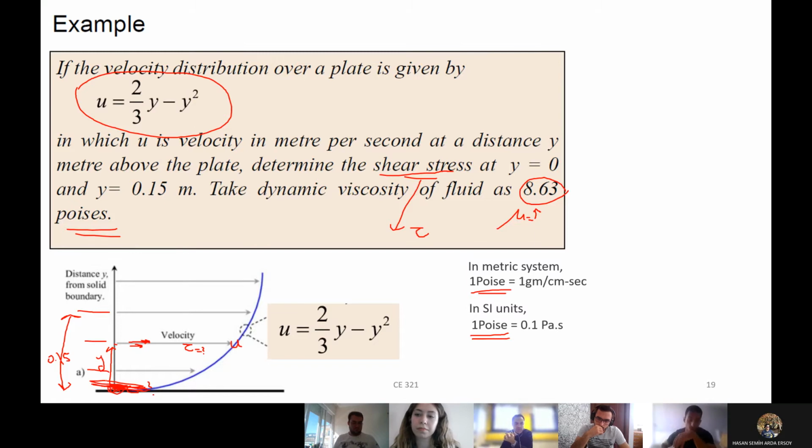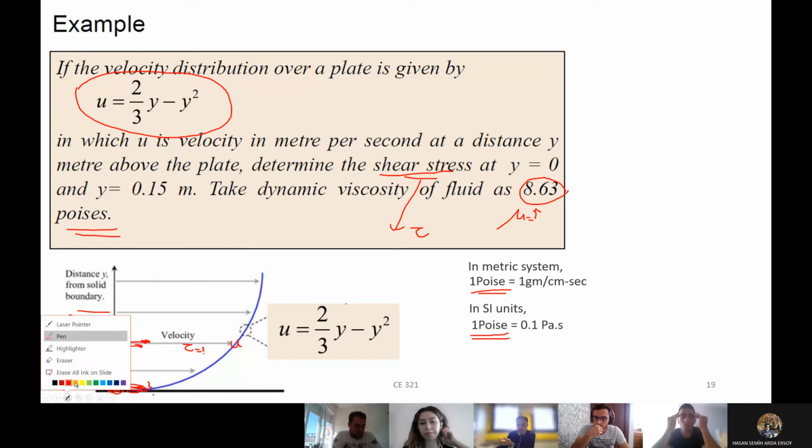It is called the no-slip condition. What does it mean? I said it never moves, but it means velocity equals 0. It never moves means velocity equals 0.